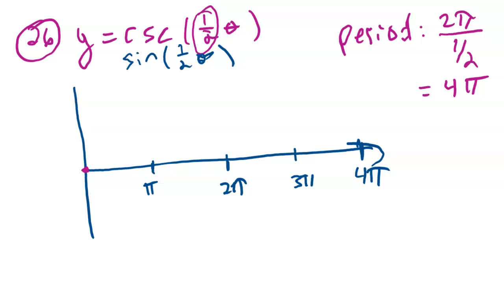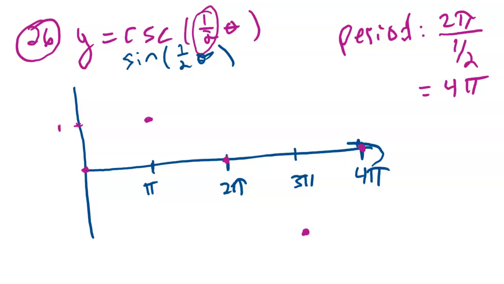If I plug pi in there, I get sine of pi over 2, which is 1. Then I plug 2 pi in there. 1/2 of 2 pi is pi, so sine of pi is 0. Plug 3 pi in there, we get 3 pi over 2. Sine of 3 pi over 2 is -1. And then I plug 4 pi in there. That gets sine of 2 pi, which is 0.